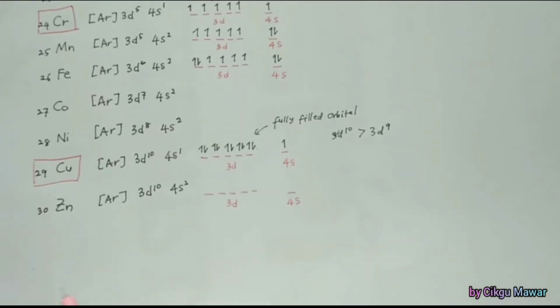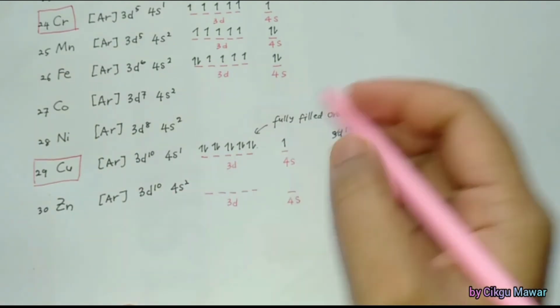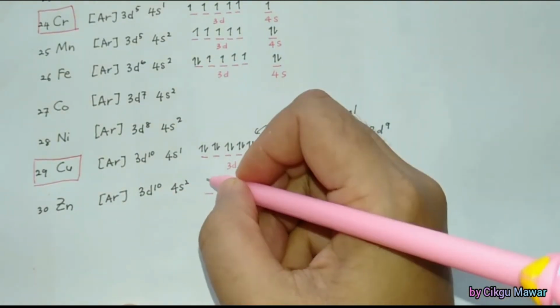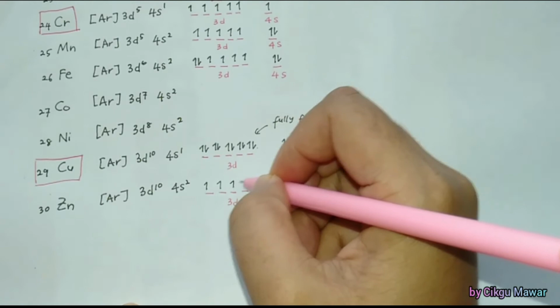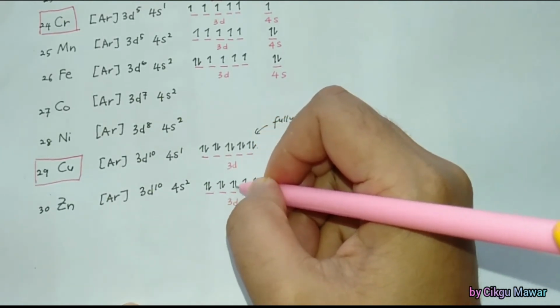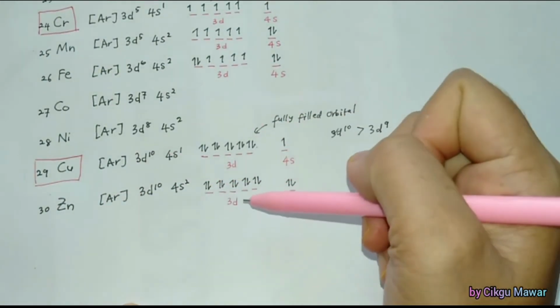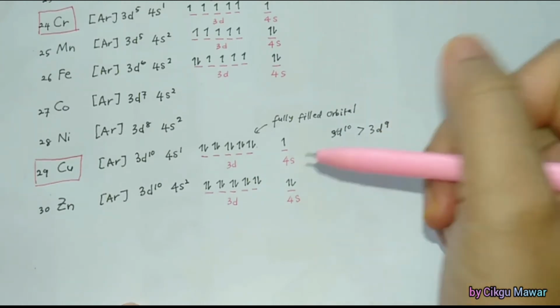For zinc, it has proton number 30. So to write the electronic configuration, it has 18 for argon, then 19 up to 30. So for zinc, it has 3d10 and 4s2.